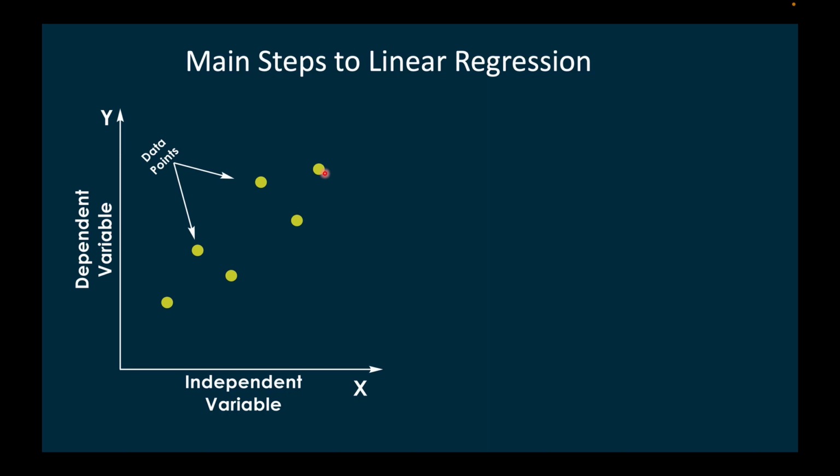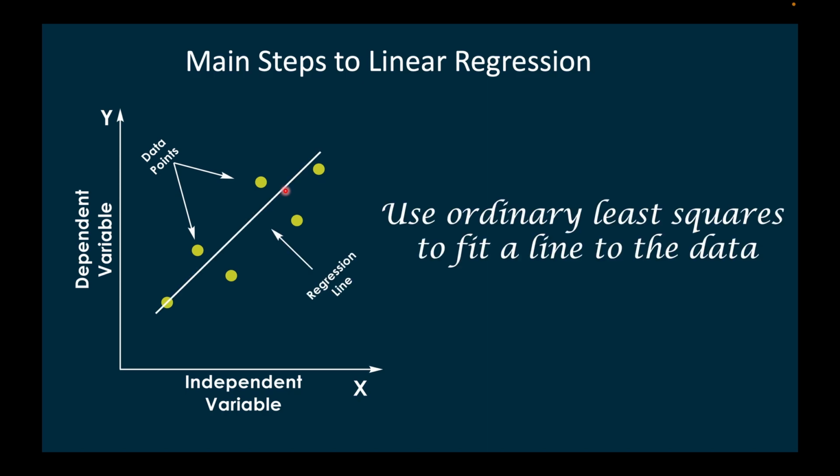This plot might reflect the trend in the data. For example, here we can see an increase in the value of y with an increase in the value of x, but this does not have any predictive power. In order for this to be predictive, we need to have a best fit line or regression line.